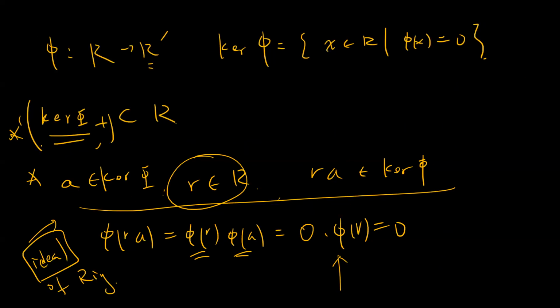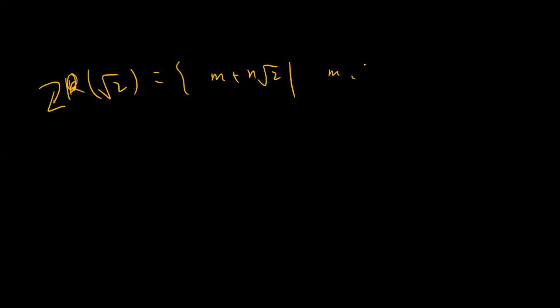Let's just talk about some interesting examples. Suppose I talk about the integers adjoined with the square root of 2. Let's write elements as m plus n square root of 2, where m and n are both integers.